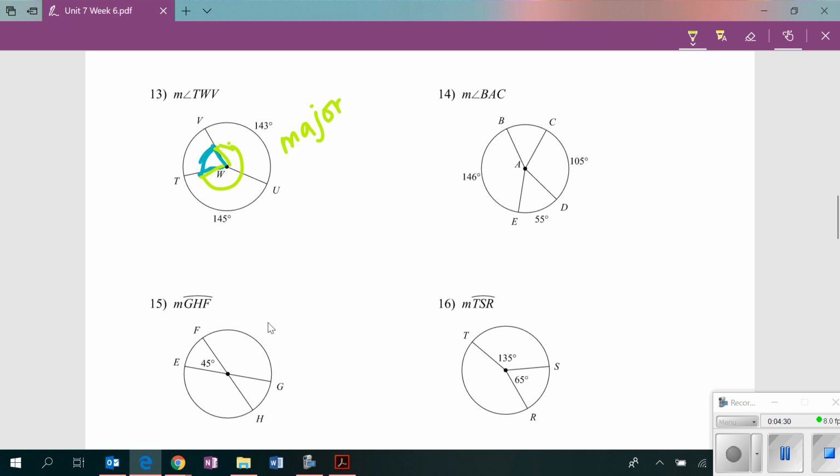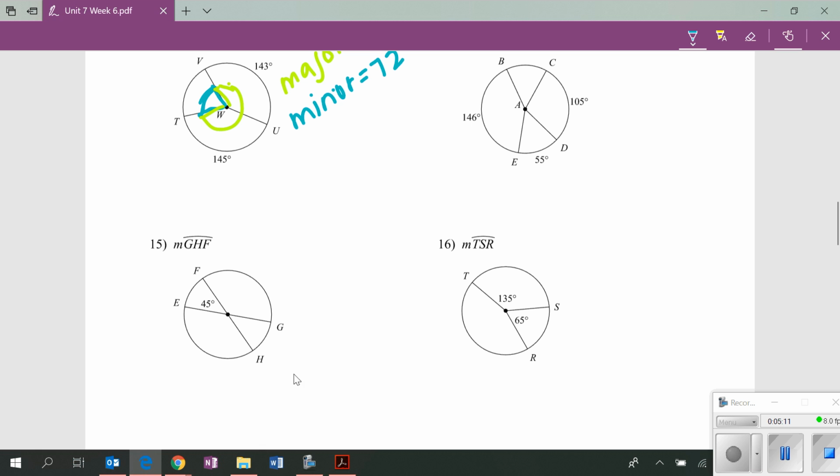So it's just 143 plus 145, which is 288. And as you remember, a circle has 360 degrees. So my minor arc is just going to be 360 minus 288, which is 72. And that's it. Just go ahead and continue to do your algebra, use your knowledge about 360 degrees in a circle.